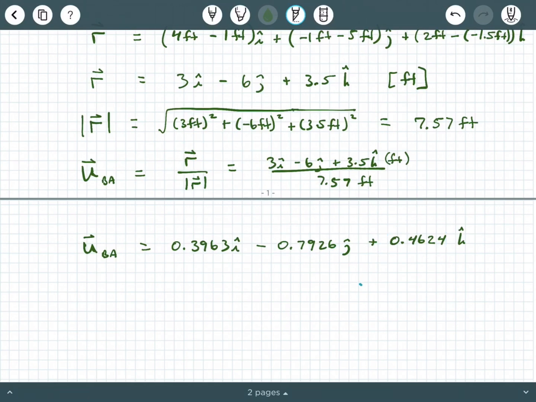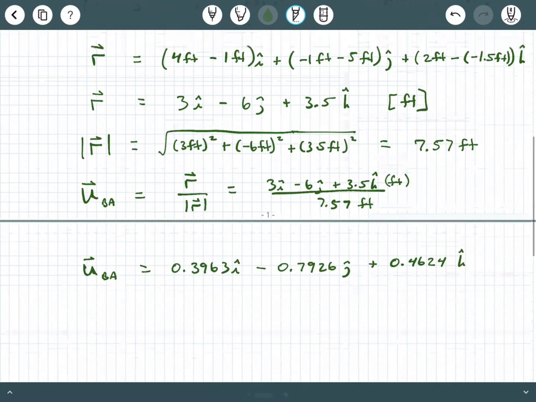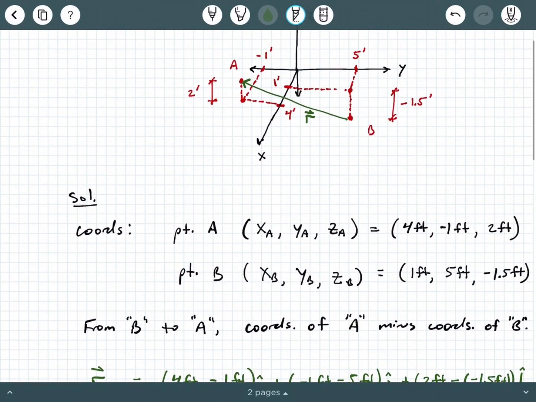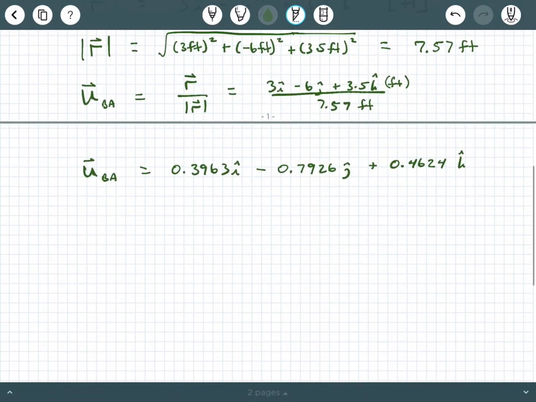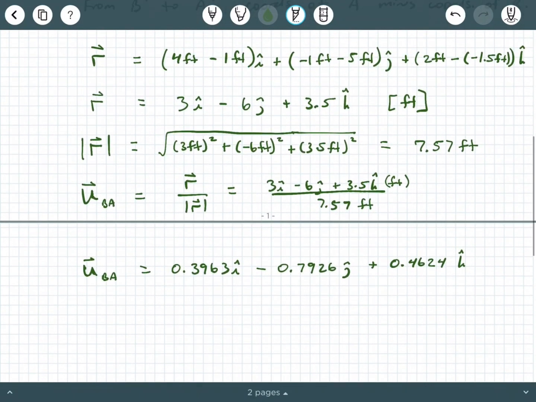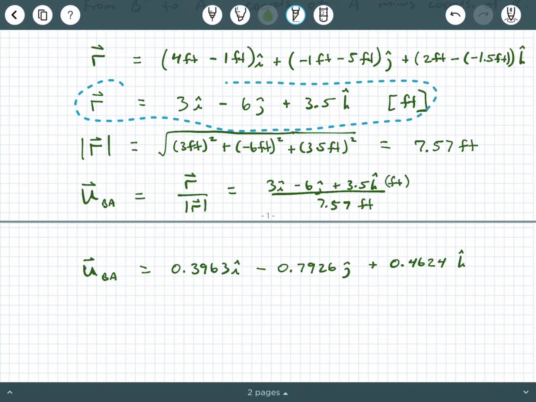So if you wanted coordinate direction angles for the position vector from B to A, you could get those as well. Here you'd make a summary, and you would box in your answers with a straight edge for the Cartesian vector R, for its magnitude, and for this position vector.